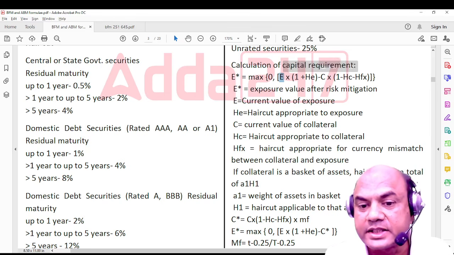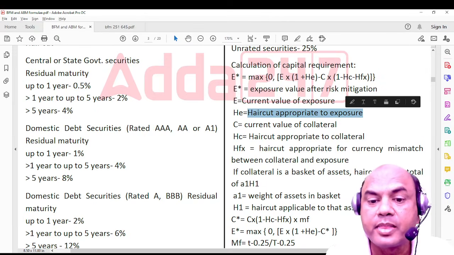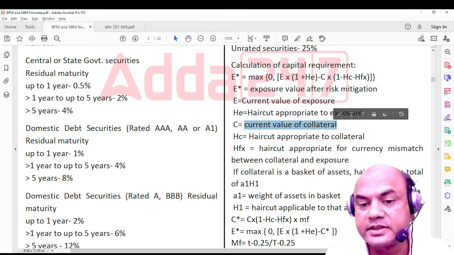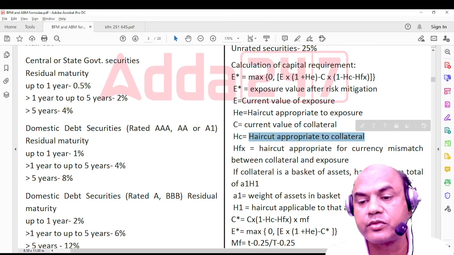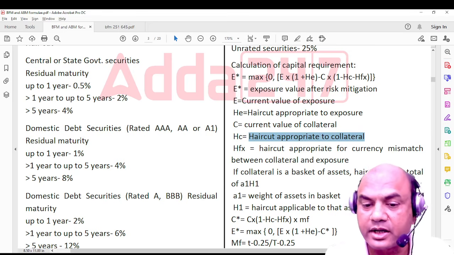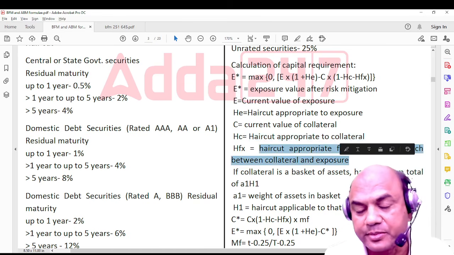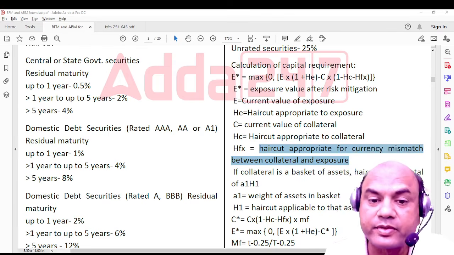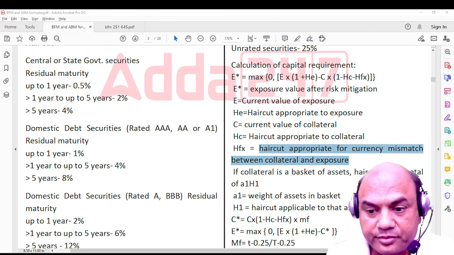HE is haircut on exposure. C is current value of the collateral. HC is haircut on collateral. HFX is haircut appropriate for currency mismatch between collateral and exposure. Now, as I told you, HFX is applicable only when there's a difference in the currency between the loan and the collateral.